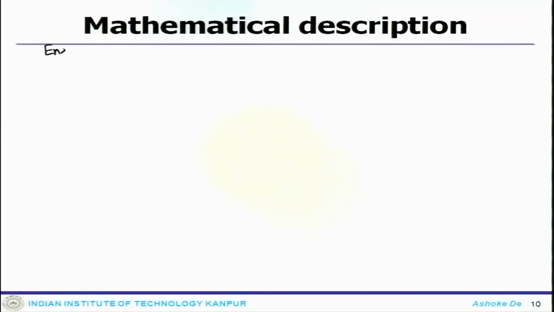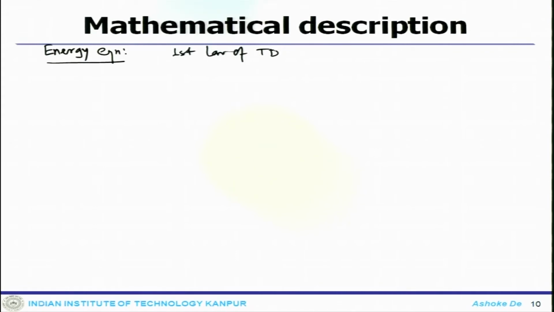Now, we get the energy equation. For the energy equation, this is purely based on the first law of thermodynamics. Okay. The first law of thermodynamics says that for any isolated system, the energy can neither be destroyed nor be generated.